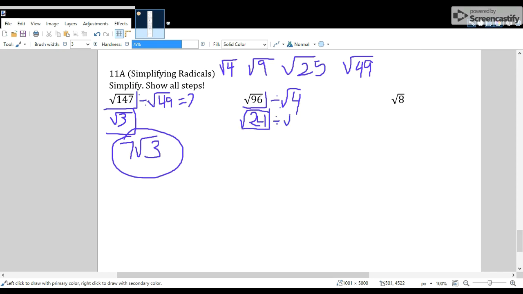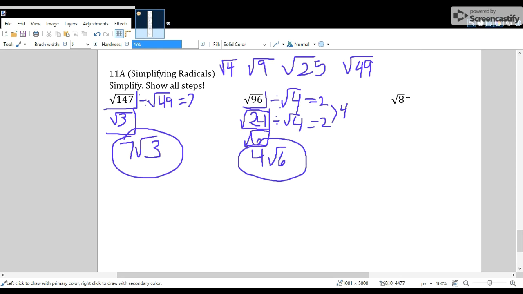If you divide that, you'll get 6. And there's no 4s, 9s, 25s, and so on that could go into 6, so that's your leftover. So we have 2 times 2, that's 4, and we have square root 6. So your simplified form is 4 square root of 6.